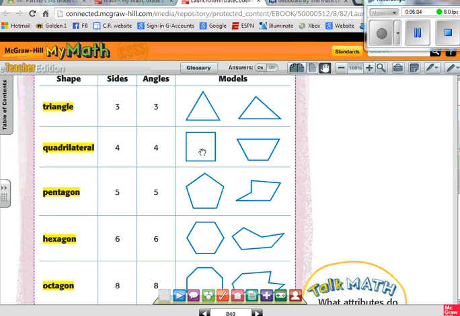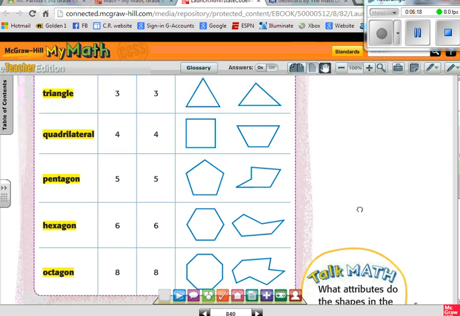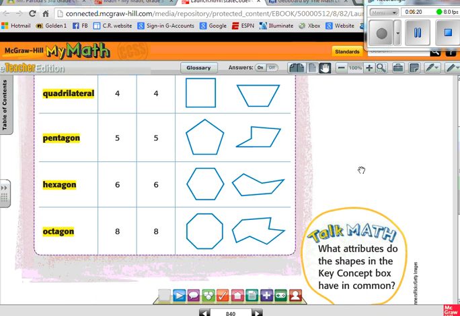A rectangle, perfect. That's what I was looking for. If the shape has 5 sides, pentagon. If it has 6, hexagon. If it has 8, octagon.